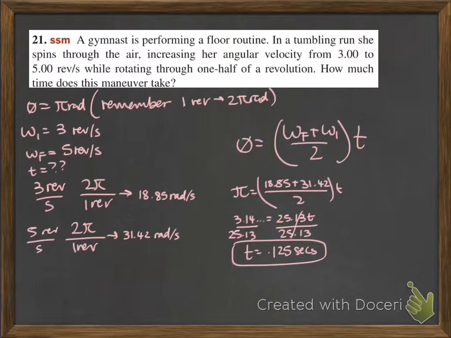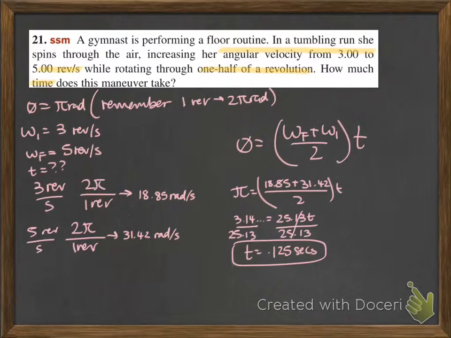So let's look at the last one. If a gymnast is performing a floor routine in a tumbling run, she spins through the air, increasing her angular velocity from 3.0 to 5 revolutions per second while rotating through 1/2 of a revolution. How much time does this maneuver take?